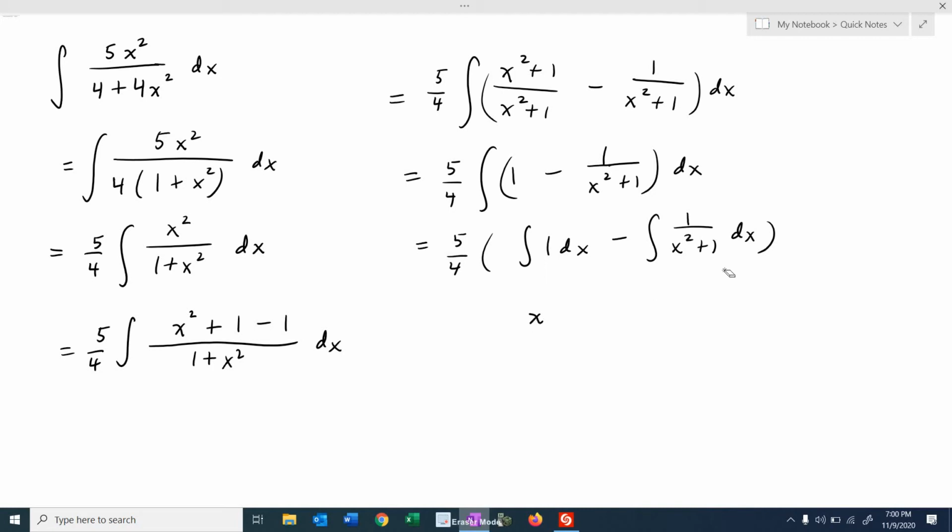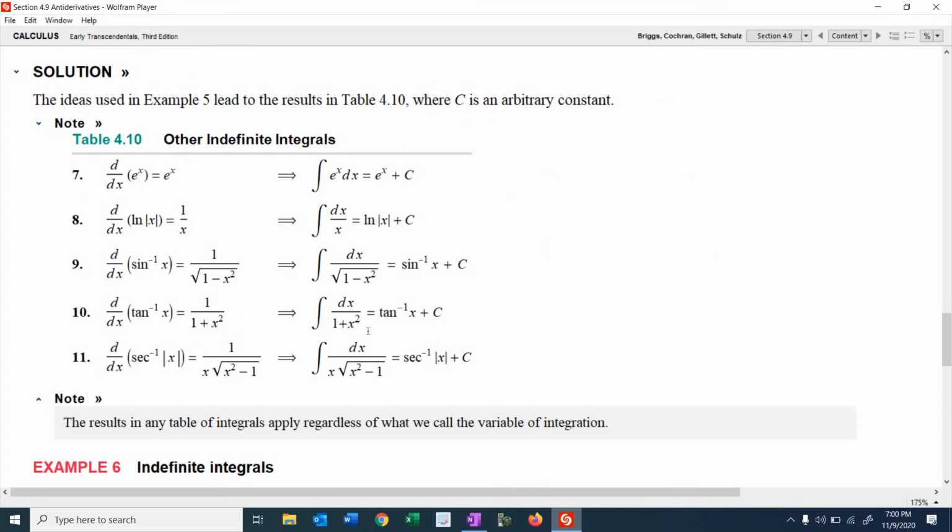Okay. Now, the second one, antiderivative of 1 over x squared plus 1. Well, that's where we can use table 410. So notice here, the antiderivative of 1 over 1 plus x squared is arctangent of x plus a constant. But don't let this dx fool you. You can pull this dx off, and there's an imaginary 1 left here. So think of this as 1 over 1 plus x squared times dx.